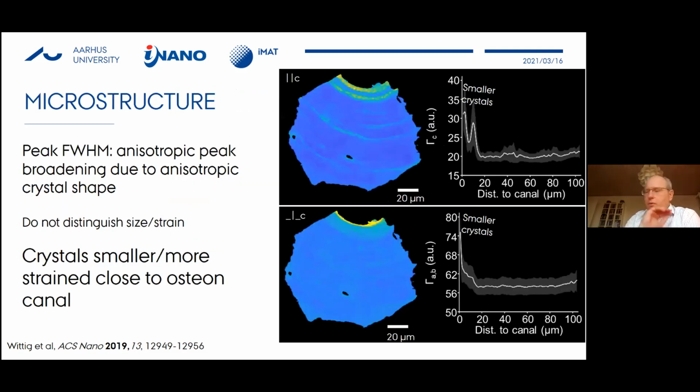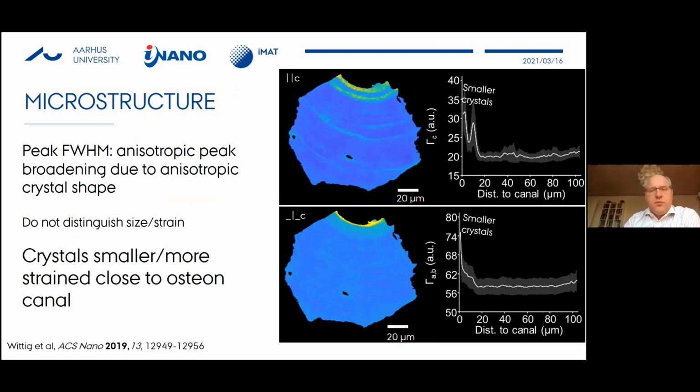If we then look at this microstructural characteristic, then it becomes a little bit complicated because bone crystals are anisotropic in shape. So we see that we can get information about this from the data. But suffice to say, we can see that there's a spatially varying crystallite size across this osteon.